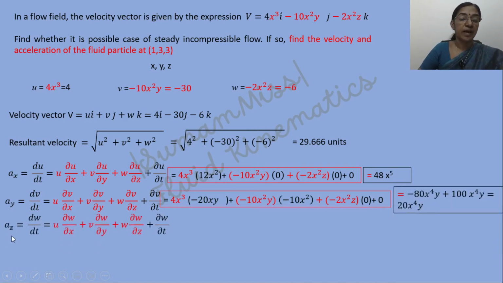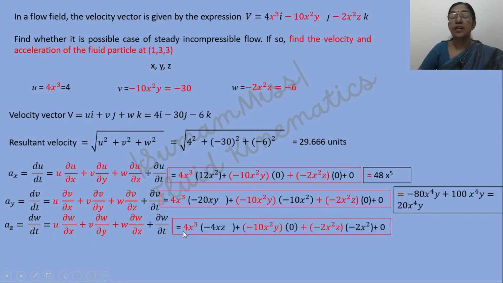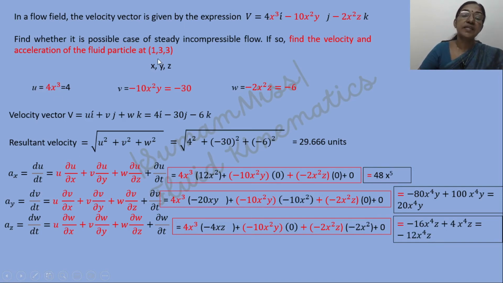Similarly, az is equal to u into dou w by dou x plus v into dou w by dou y plus w into dou w by dou z plus dou w by dou t. Correspondingly, you can substitute the velocity components and their differentials, then az is obtained as minus 12x raised to 4z. But the values of x, y, z are given as 1, 3, 3.